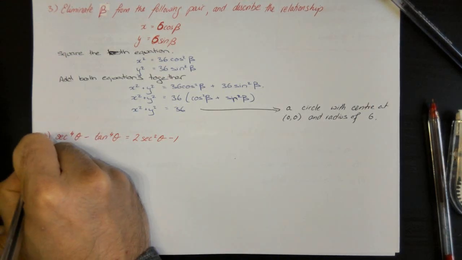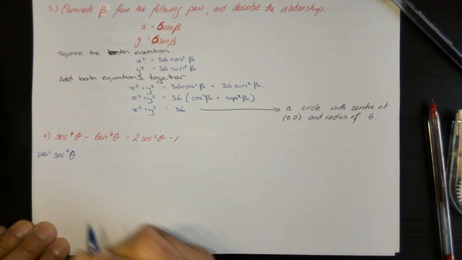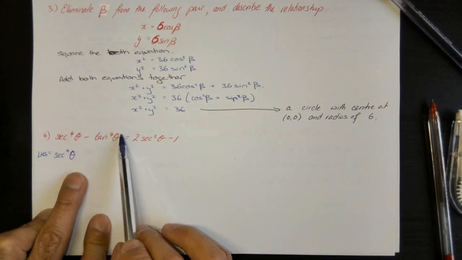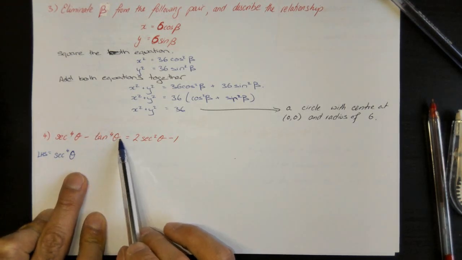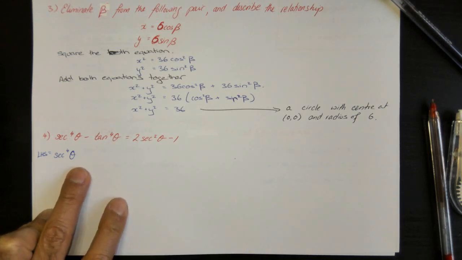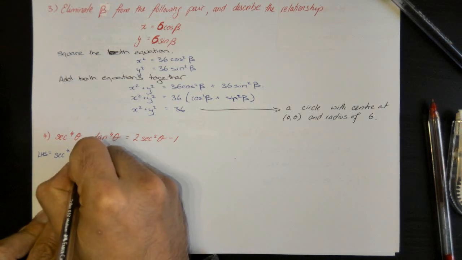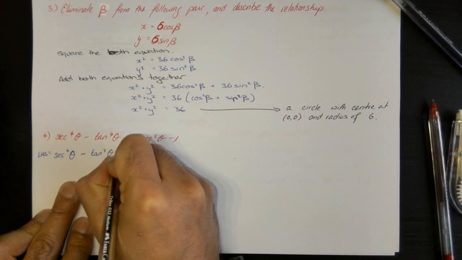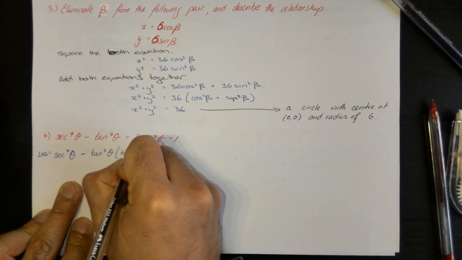So this is the left-hand side. I now think, how can I write tan 4 theta? Well, that's the same as tan squared theta squared.